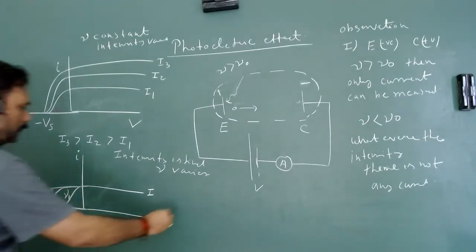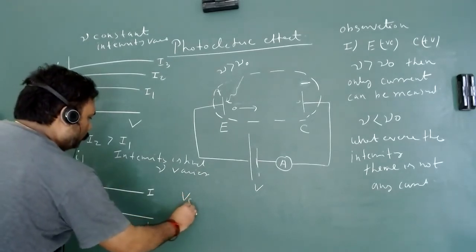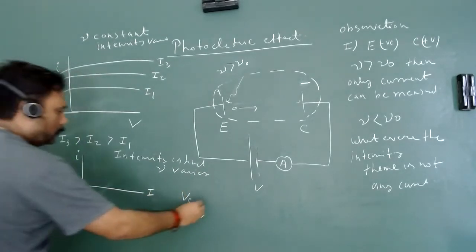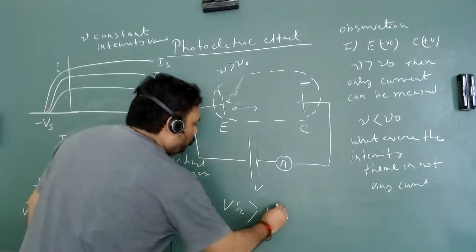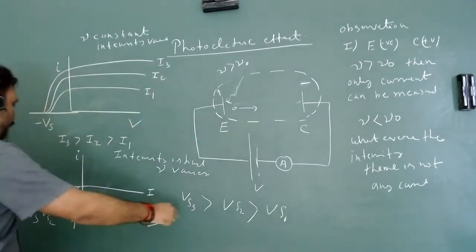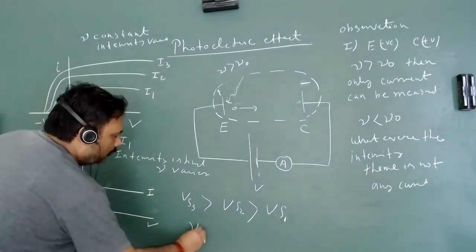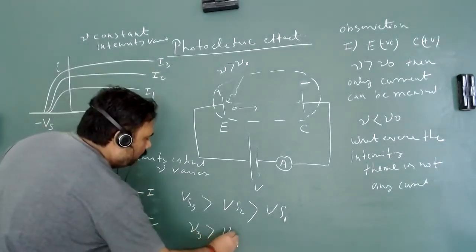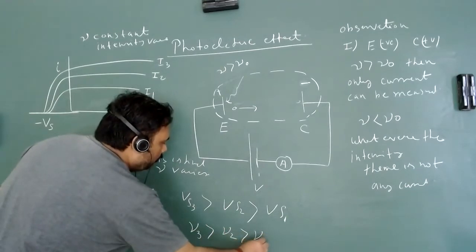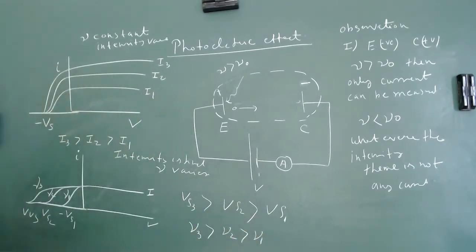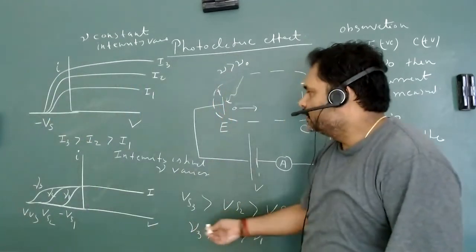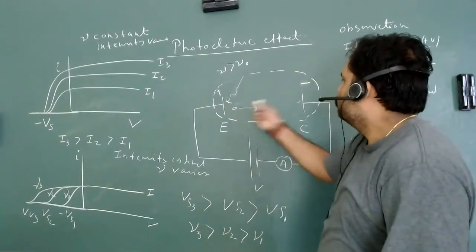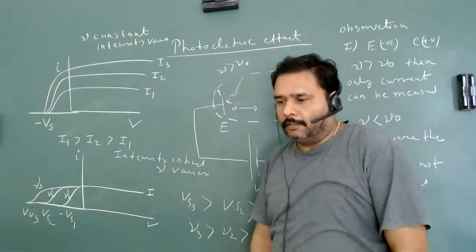And what we have seen is that Vs3 in terms of magnitude is greater than Vs2 is greater than Vs1, and we have also seen that nu3 is greater than nu2 is greater than nu1. So the higher the frequency, the higher the potential we need to stop this particular electron.